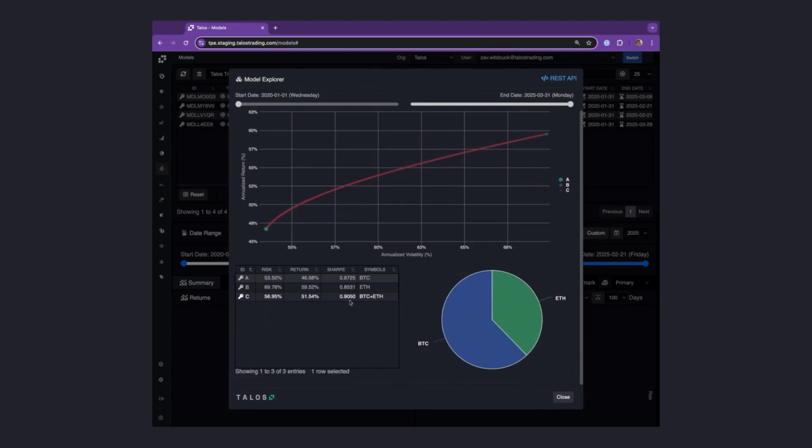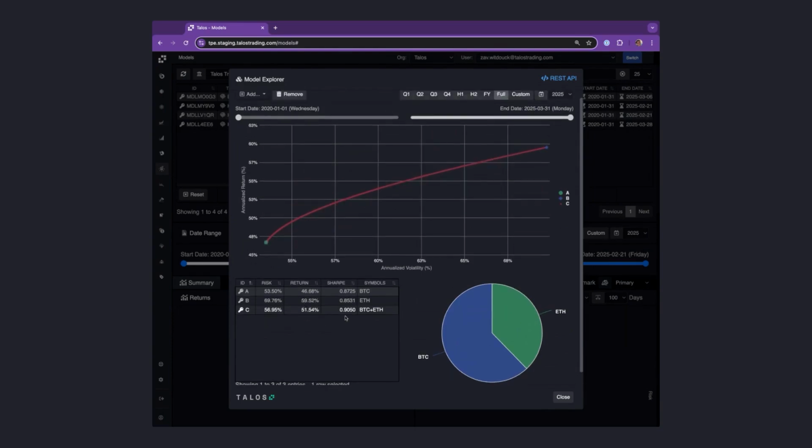The best portfolio on this curve does yield slightly better performance than Bitcoin or Ethereum by itself: a Sharpe ratio of 0.9 versus 0.85 for Ethereum and 0.87 for Bitcoin.